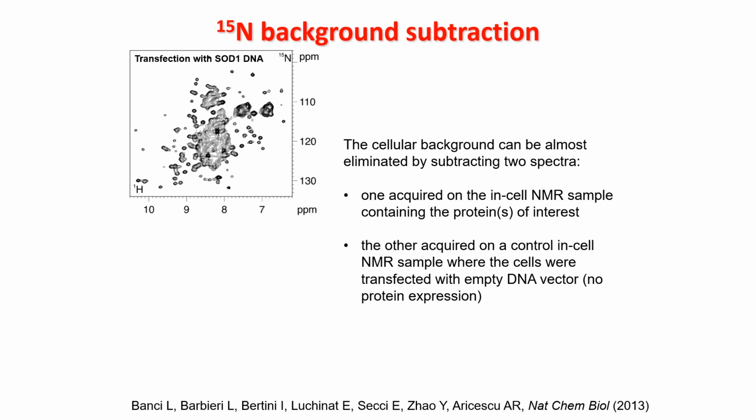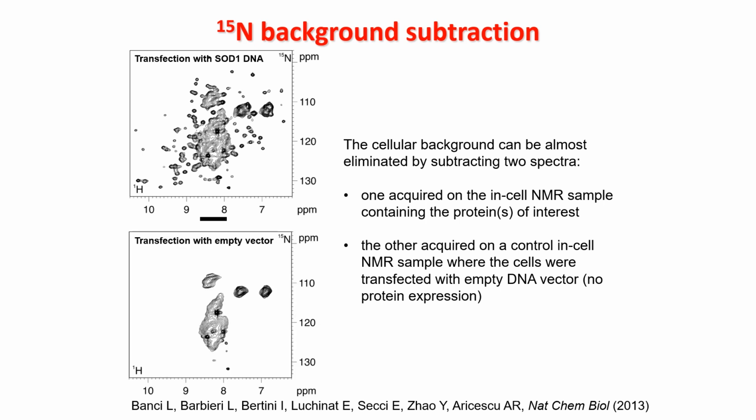One is acquired on the in-cell NMR sample containing the protein of interest, so this spectrum here, in this case, where the cells have overexpressed superoxide dismutase 1. The other spectrum is acquired on a different sample, which is a control in-cell NMR sample, where the cells were transfected with empty DNA vector, and then kept in the labeled medium for the same time as the sample where you express the protein.